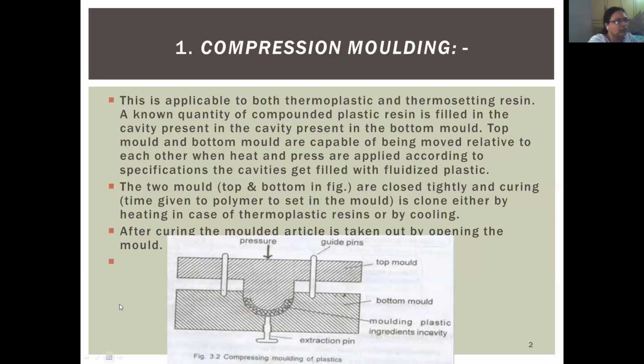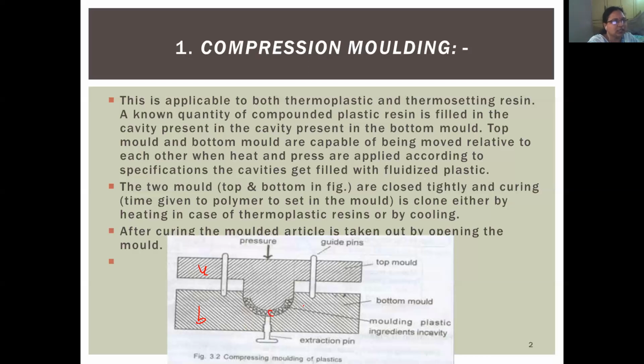So you take this. This is the bottom mold, and this is the upper mold. I'll just represent them by B and U. What do you have in this bottom mold? In this bottom mold, we have a cavity. So this is our cavity.